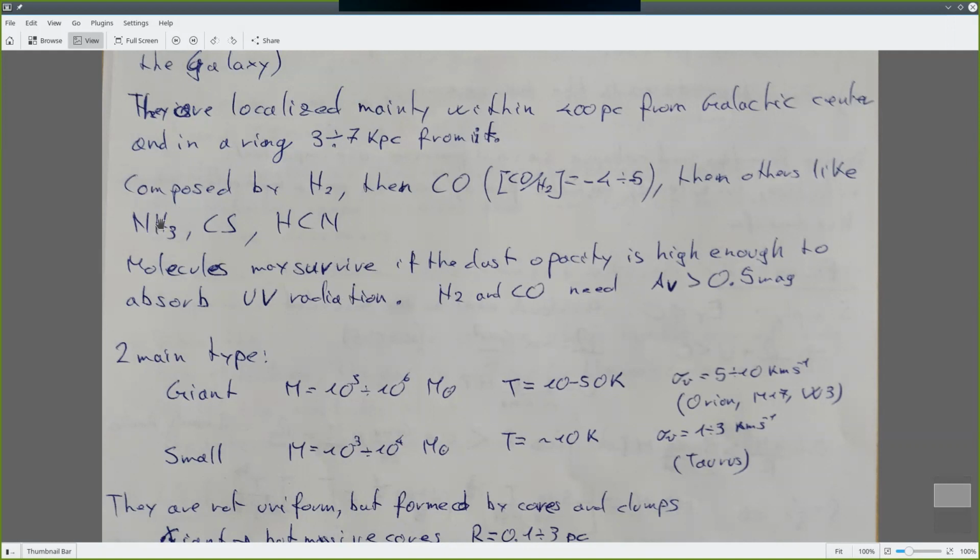Because ammonium is quite strong. But UV and X-rays produced by really bright stars can ionize and destroy all the molecules. So you see that usually molecular hydrogen needs an opacity and absorption in the visible of at least half a magnitude.